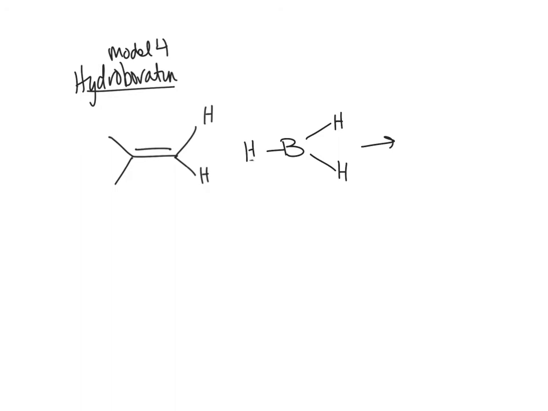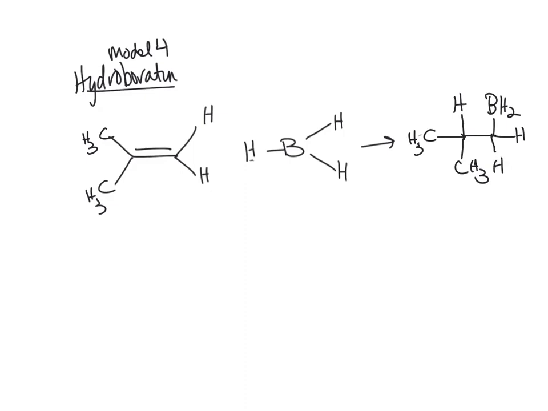And what you have here is, let's go ahead and put these as CH3, CH3, hydrogen, CH3, BH2, H and H. Okay, so you can make this a BH, and then this is your H. And I'm just going to go ahead and do that.